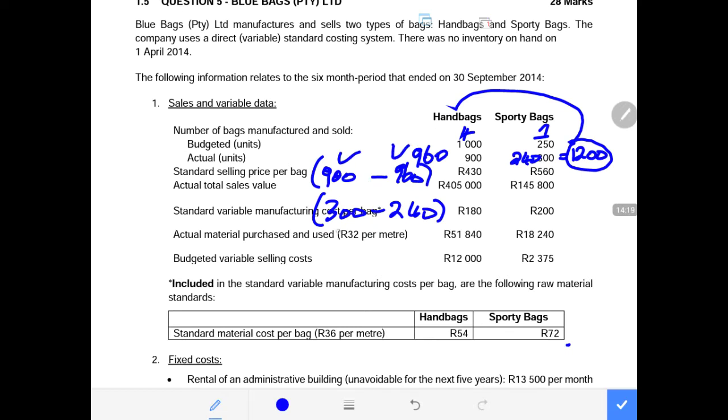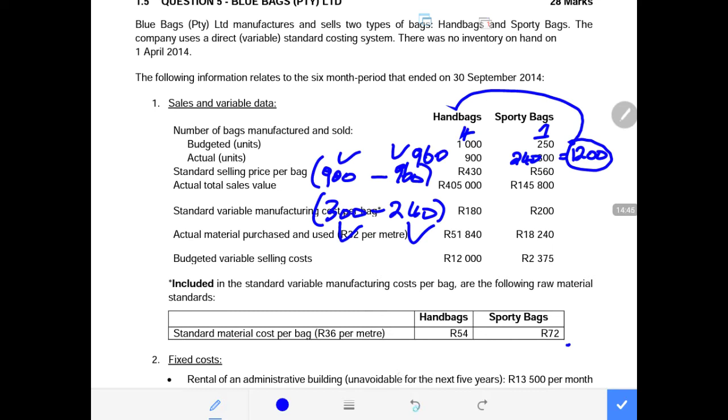Then for the second one, we produced 300 instead of 240, because the 960 and the 240 is what was supposed to be the production and sales based on our standard product mix. For every 4 units of handbag we produce, we're supposed to produce 1 unit of the sport bag.